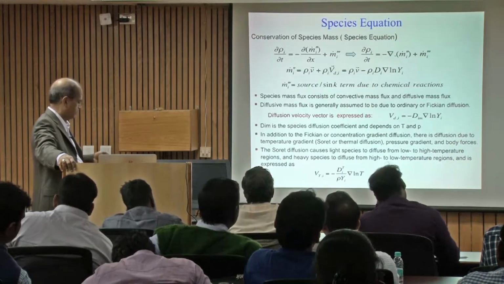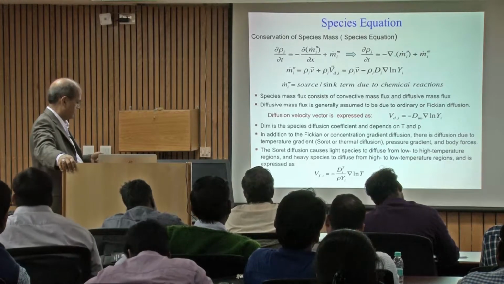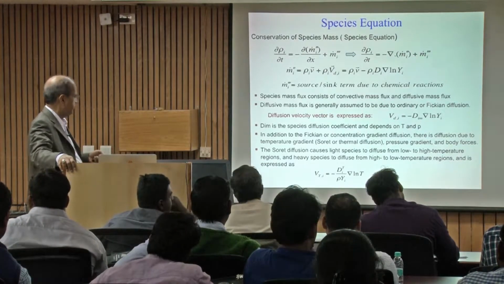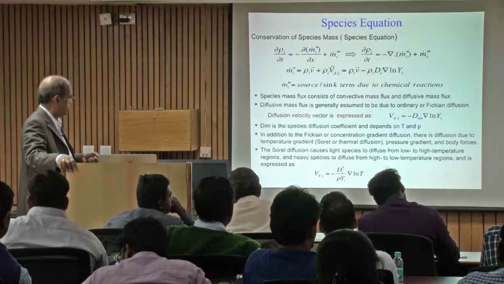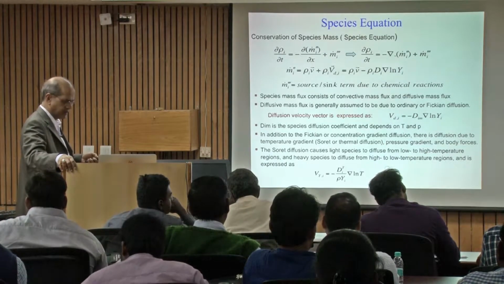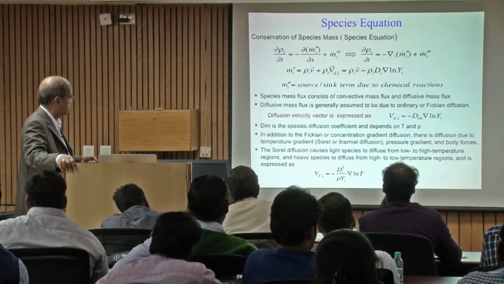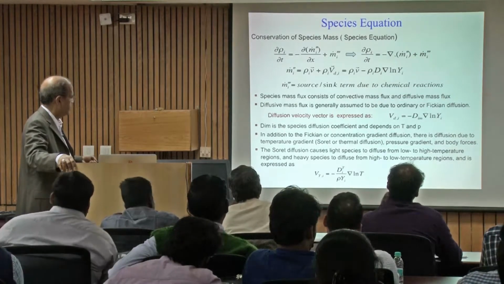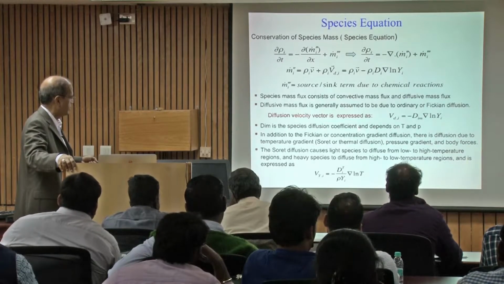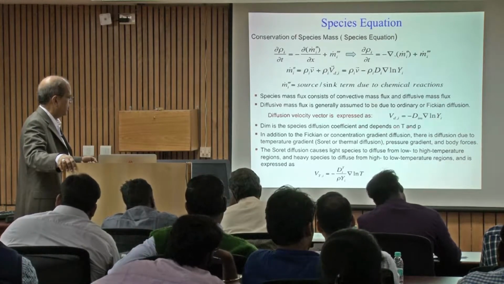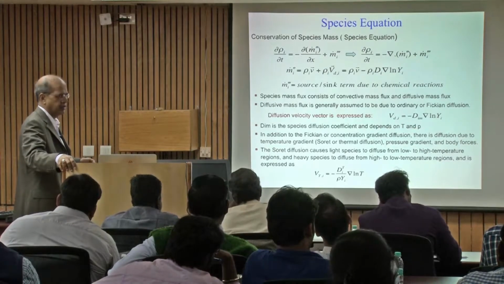There are various models for various treatments. I will spend just a few minutes. D_im is the species diffusion coefficient, and it is a very strong function of temperature and pressure.